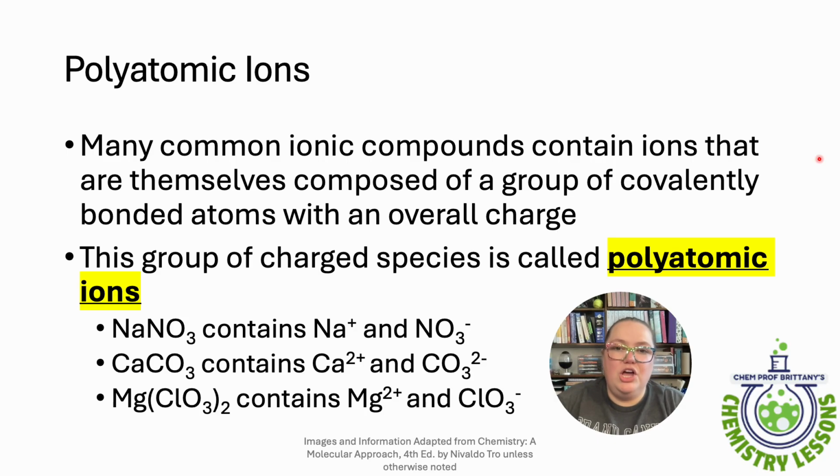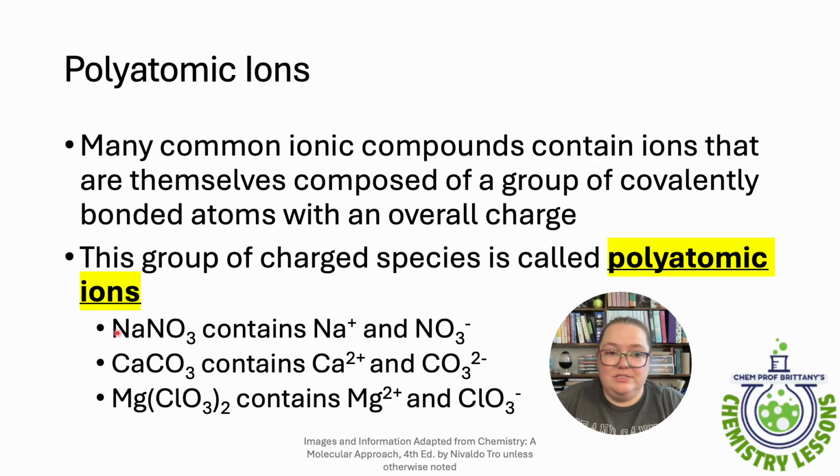So there are groups of nonmetals where the nonmetals are covalently bonded to each other, but that group itself contains an overall charge due to excess electrons. So this group of charged species is called a polyatomic ion.